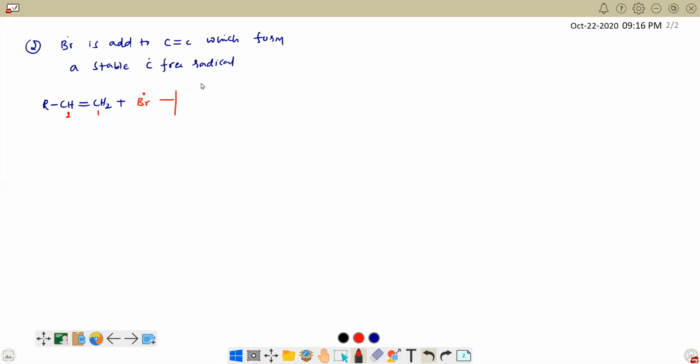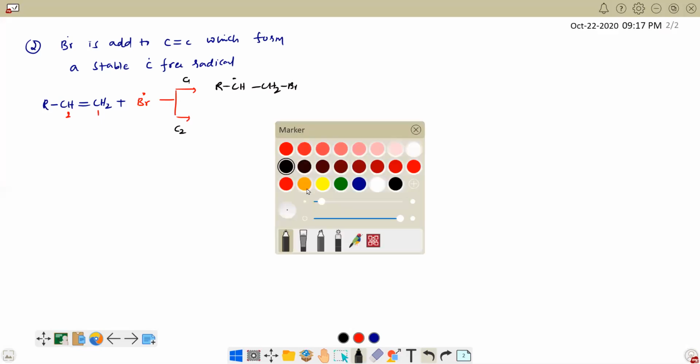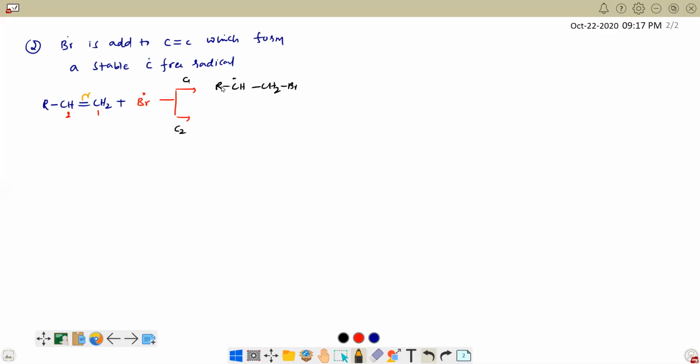Again, I can have two options to add Br radical. Let us take two conditions. This is C1, this is C2. If Br radical is added to C1, then I can write RCH, CH2Br. Now it leaves a radical because this double bond undergoes homolytic cleavage. So radicals are generated.